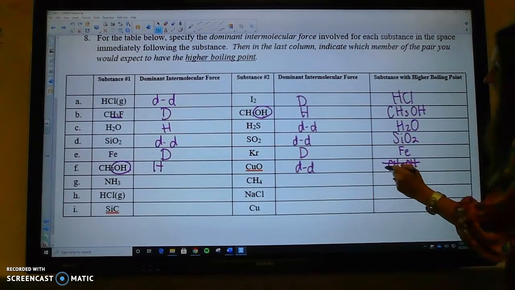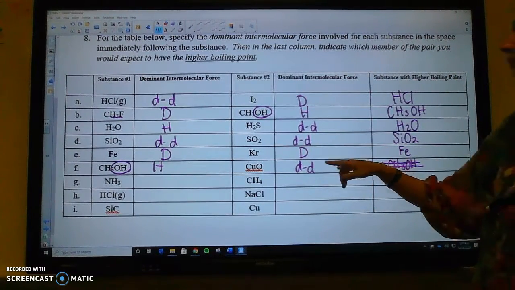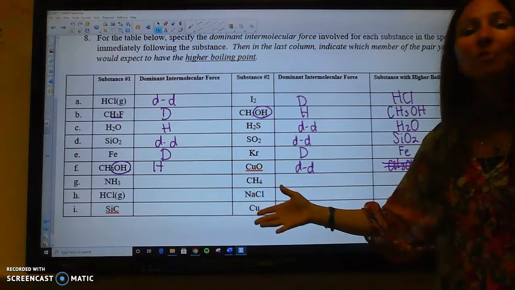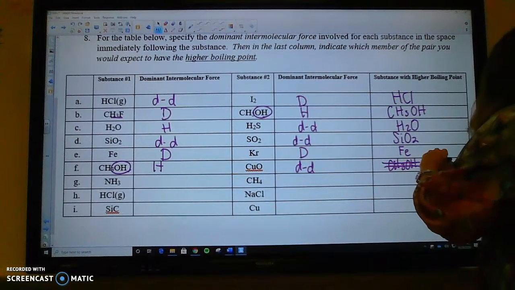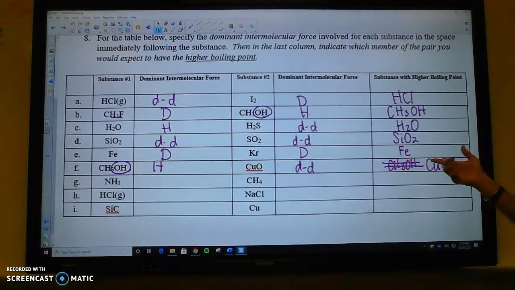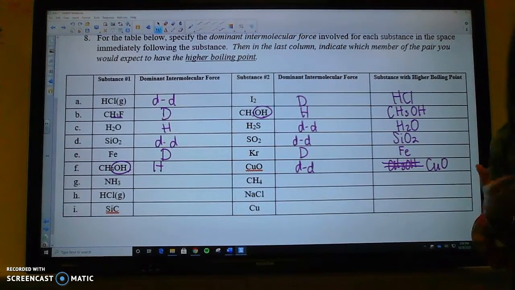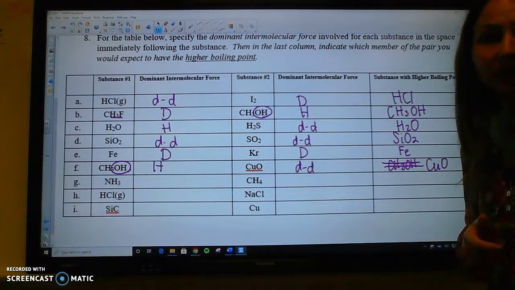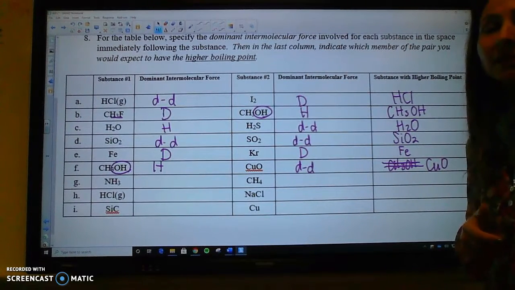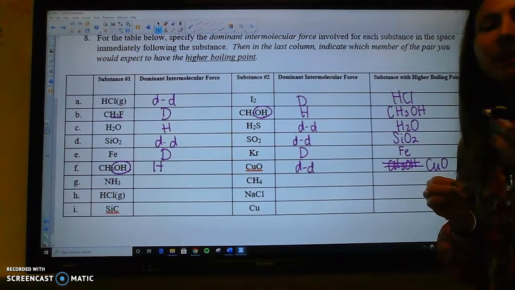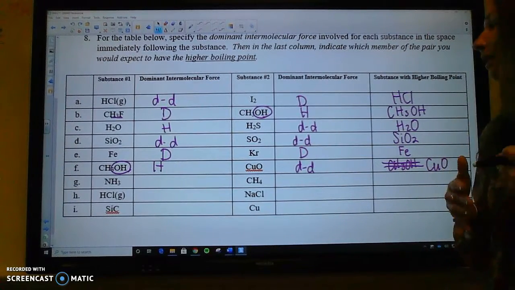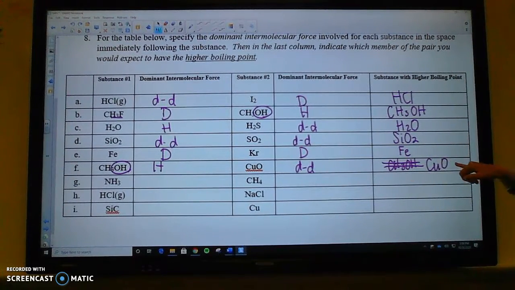However, I told you guys there are cases where there's a weaker intermolecular force, but it has a higher boiling point. Why? Because ionic compounds, they always win. They have that special lattice structure, okay? Have you ever boiled salt? No, you can't. You can dissolve it and boil the water away and you get the salt again, but you can't actually boil salt. So that one is copper oxide.